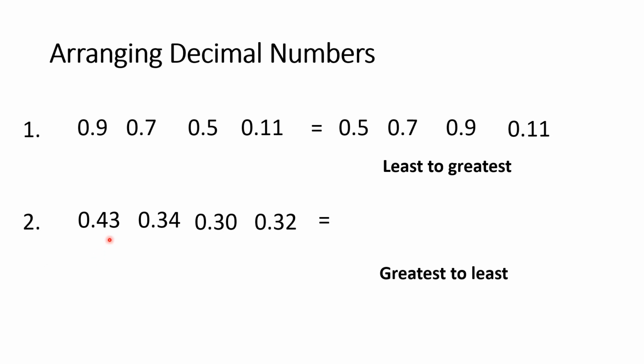So between 43, 34, 30, and 32, 43 is the biggest, followed by 34, and then 0.32. And then the smallest decimal number is 0.30. So that's the way how we arrange decimal numbers from least to greatest and greatest to least.